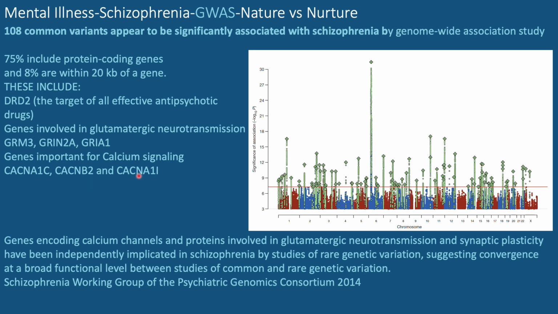Among the variants, there are also important glutamatergic neurotransmission genes, named here, GRIA1, GRIN2A. And then there are variants that are portions of genes that are important for calcium signaling. And remember that calcium is important in synaptic transmission, the communication between different neurons.